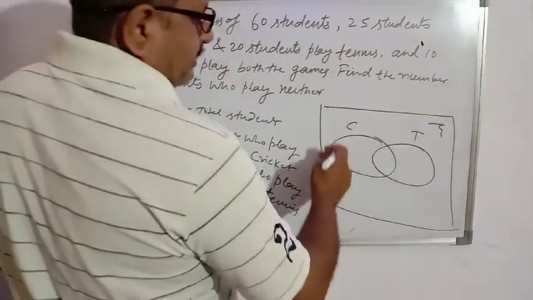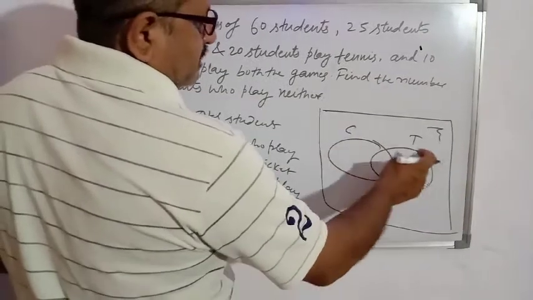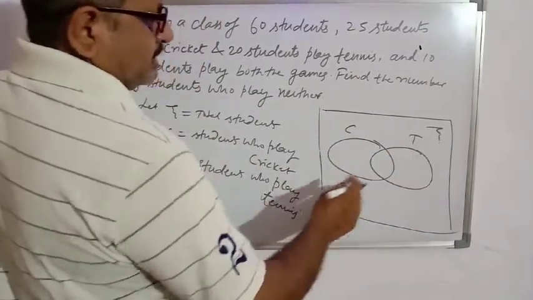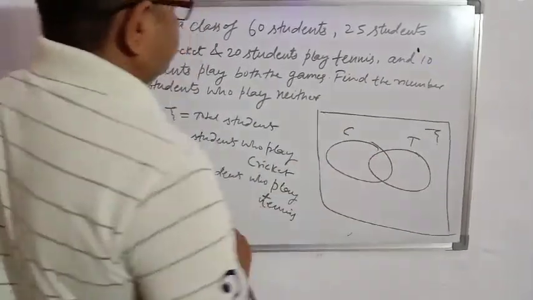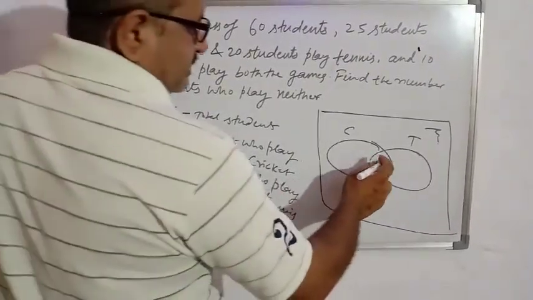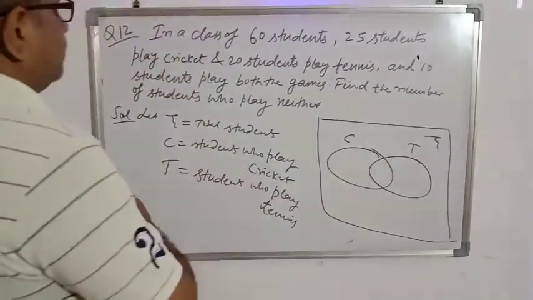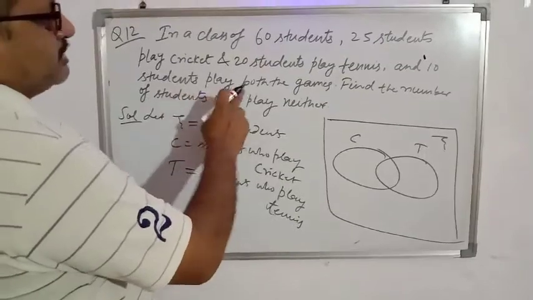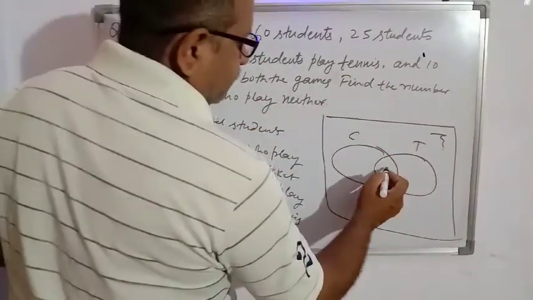So this circle is for cricket and the second circle for tennis. This is the intersection region, C intersection T. How many students are playing both the games? 10. So we can write 10 here.